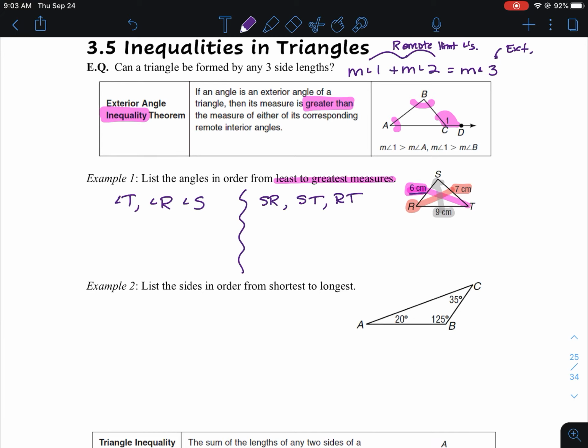To get the angles, you simply use the letter that's not there. For SR, angle T is the one not used; for ST, angle R; and for RT, angle S. You can see those both match.